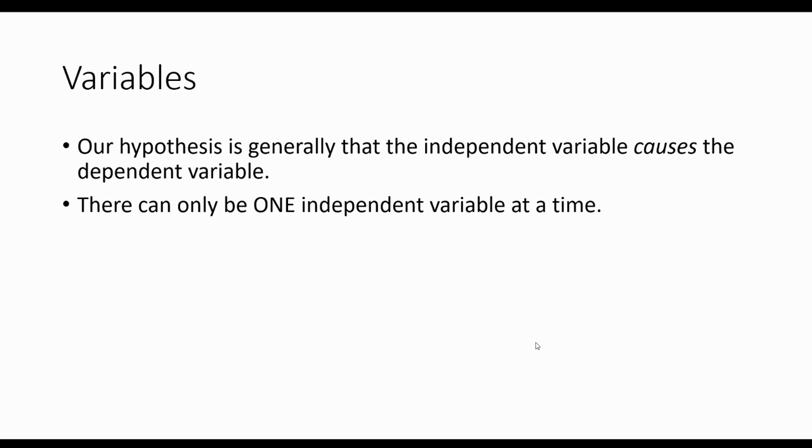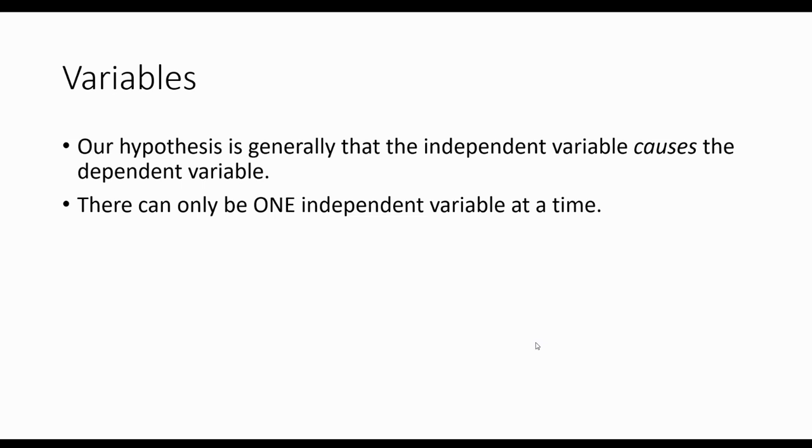There are 2 differences between those groups before I even start measuring my dependent variables of whether or not they contracted the virus. So we need to check to make sure that there's only one independent variable at a time.